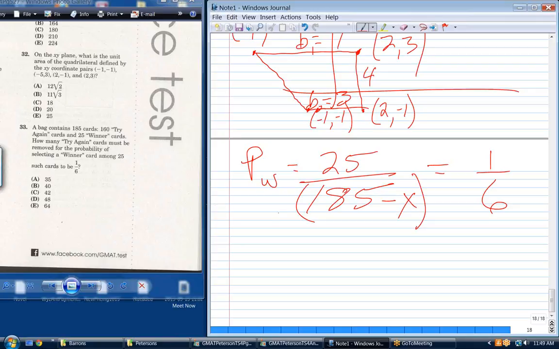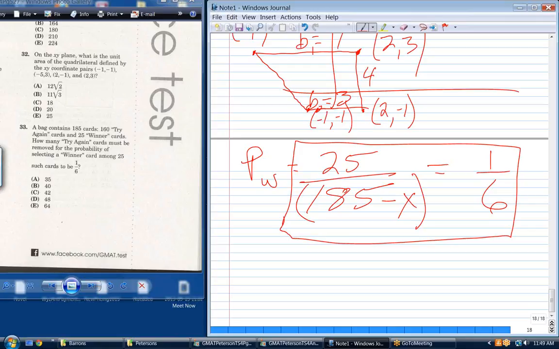So we need to solve this or back solve it. Depends on whether you'd rather do the algebra. Because if it was like 5 over 185, you would end up with 5 over 37, which is kind of weird.